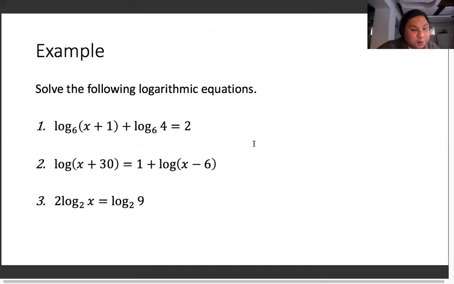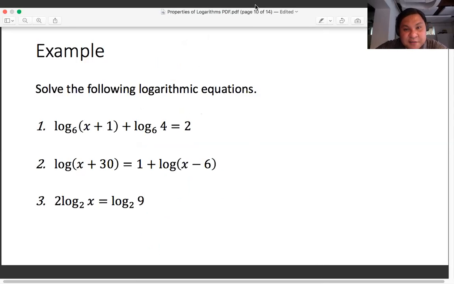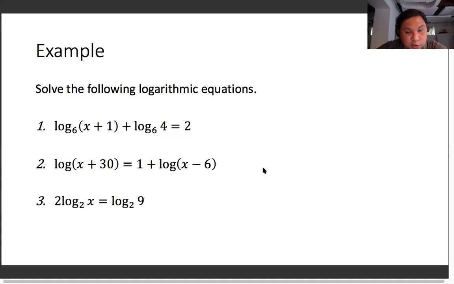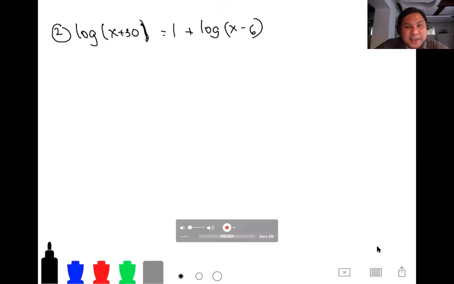For number 2, we have logarithm of x plus 30 is equal to 1 plus logarithm of x minus 6. Now that I have copied it, I'm going to switch back to my whiteboard. Okay, here we go.